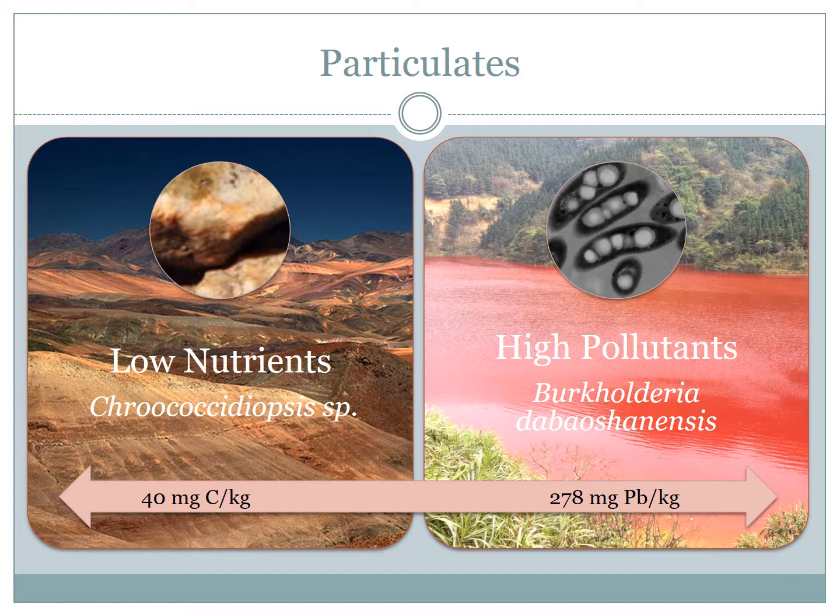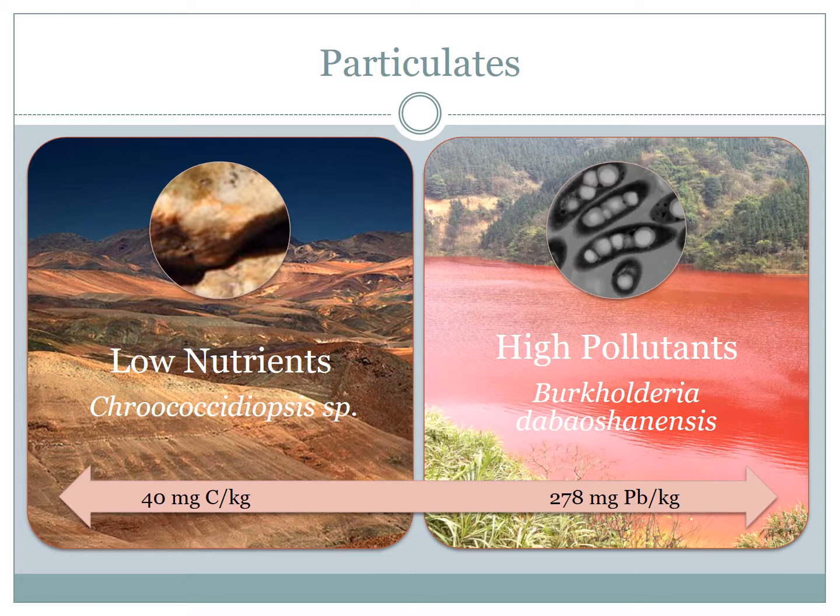Now, going to the high side with a toxin that would limit productivity in a soil, we go to the Dabashan mining area in China. And here they found and were able to isolate a proteobacteria that was resistant to heavy metals.